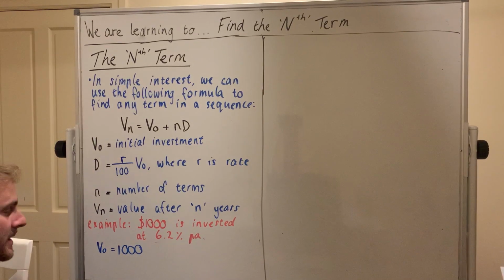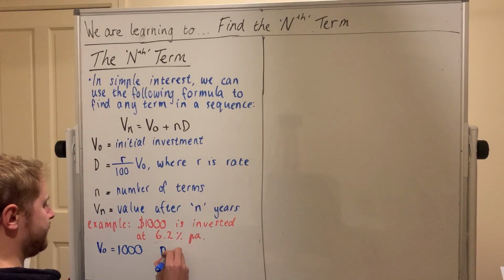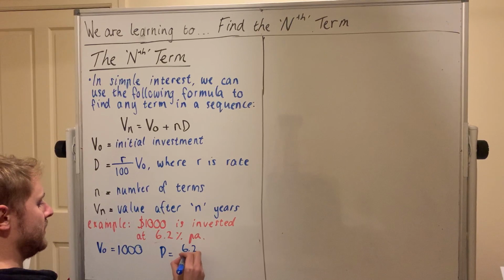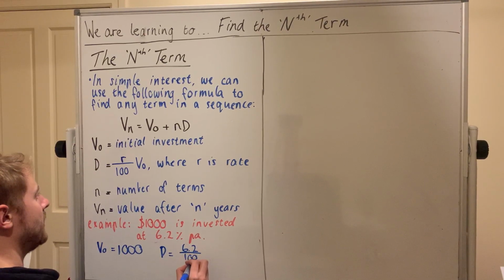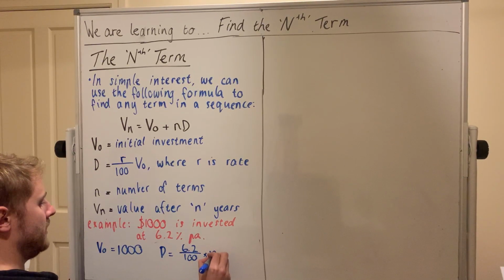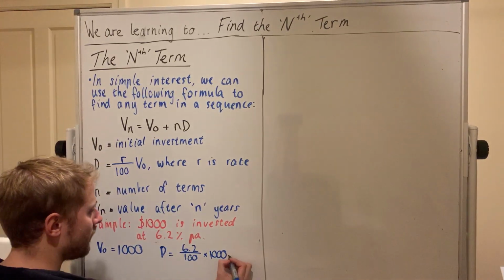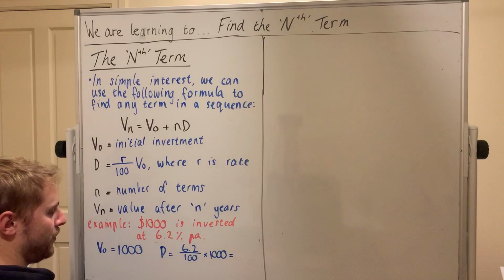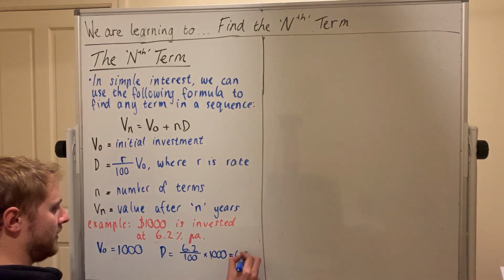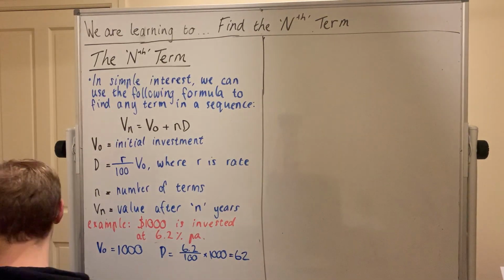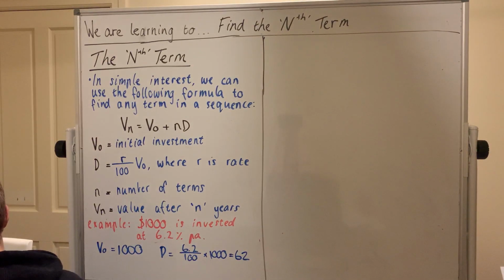Now D we still need to calculate, so let's calculate D, which is 6.2 over 100 times the initial investment. What's that? That's 62. Better double check that.